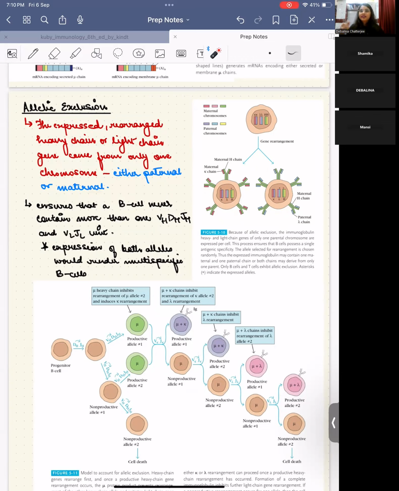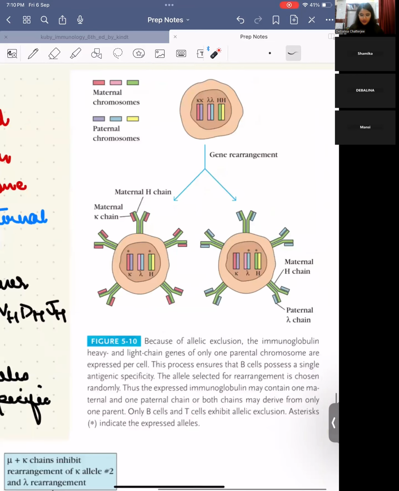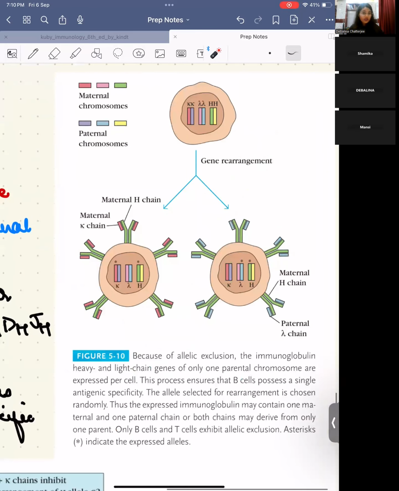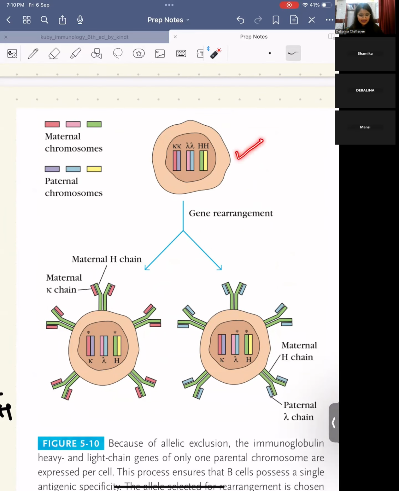So all this VDJ recombination, all the other kinds of recombination that we have discussed so far, look here. When we have a progenitor cell or a hematopoietic stem cell, this is for the kappa chain, the lambda chain, and the heavy chain. Different colors encode different sequences.